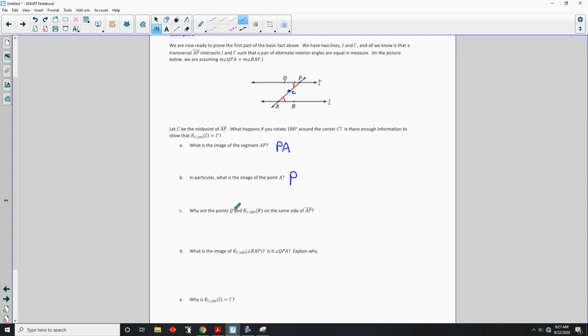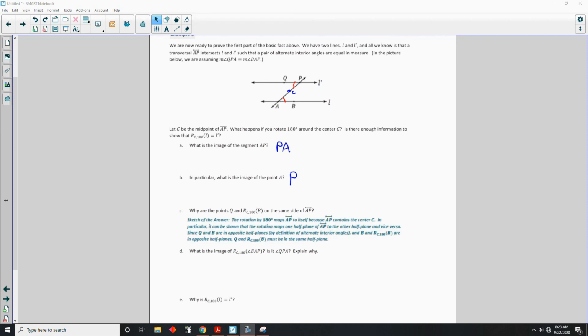Why are the points Q and the rotation around C, 180 degrees, of B on the same side of line AP? So in other words, what they're saying is Q's over here and rotating B 180 degrees puts it on the same side of that line AP. Okay, this is lengthy. It says sketch of the answer.